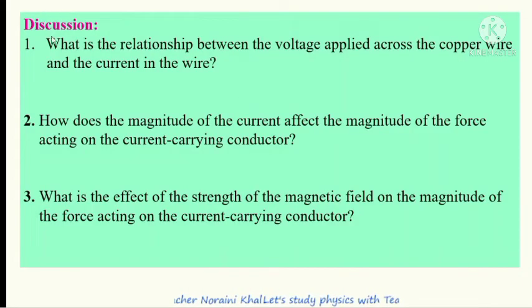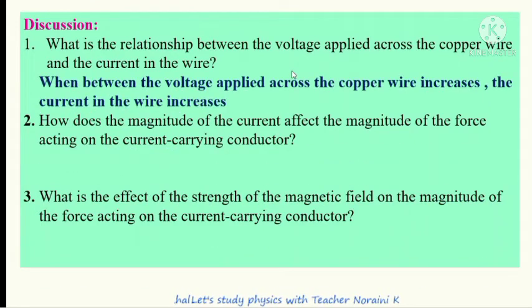Let's discuss some questions involving the activity. What is the relationship between voltage applied across the copper wire and the current in the wire? When voltage increases, the current in the wire also increases. How does the magnitude of current affect the magnitude of force acting on a current carrying conductor?